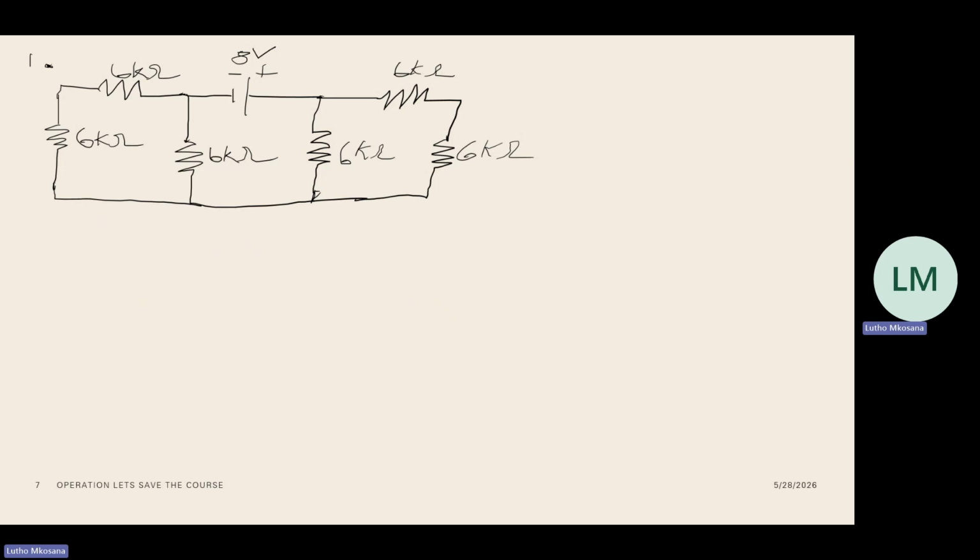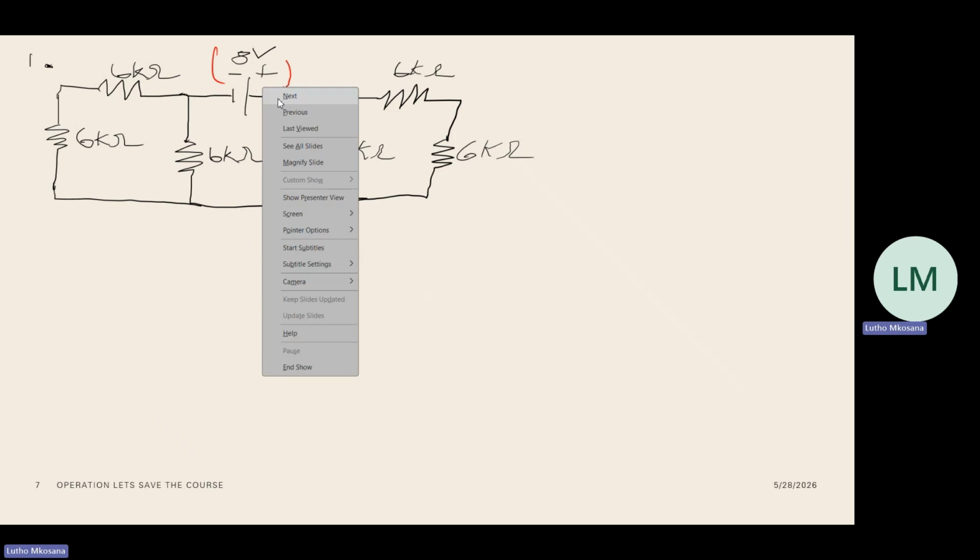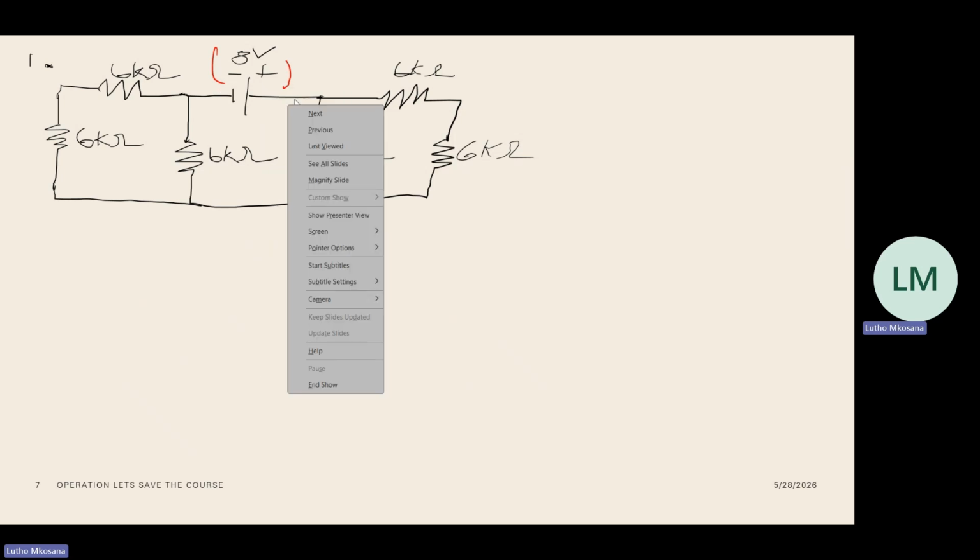In this exercise, we see our voltage source over here. Looking at this source, we have that direction and that direction. One of them sends current, one of them receives current, because current flows from positive to negative.